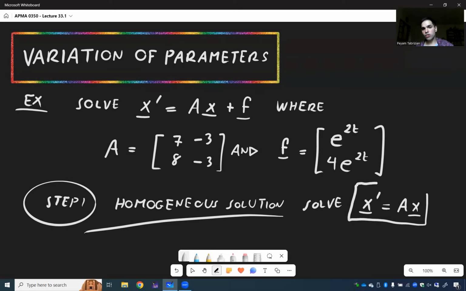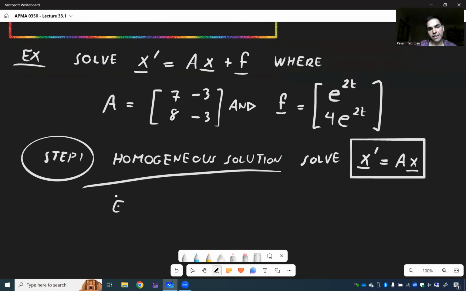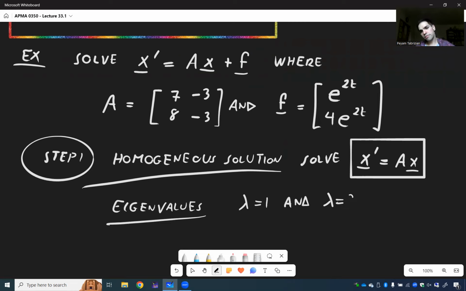So no f term. And that is just the eigenvalue eigenvector method. So here you can check the notes. So we have two eigenvalues. So lambda equals 1 and lambda equals 3.